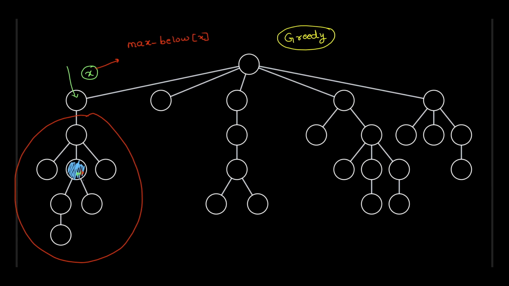Now since this is the maximum in the red circle that I have drawn, it means that whoever deletes this will also delete this, and this, and this, and this time the greedy strategy would work because the pivot won't change anymore.